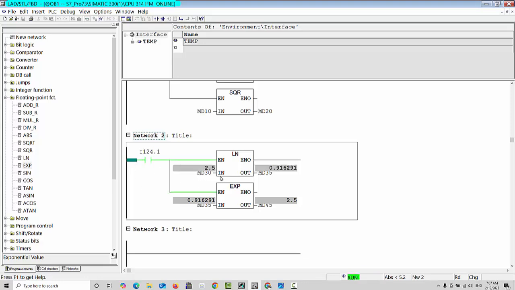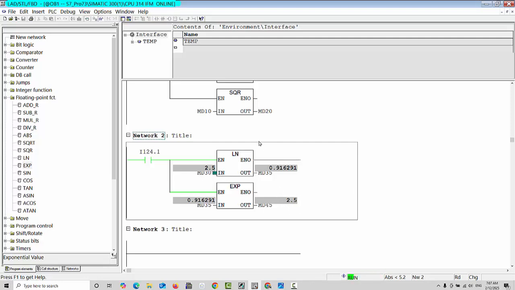And now you can see the result I wrote in the input of the LN command gives the answer 0.9162991. And when you give this value to the input of the exponential command, you can see the result is the same, 2.5.